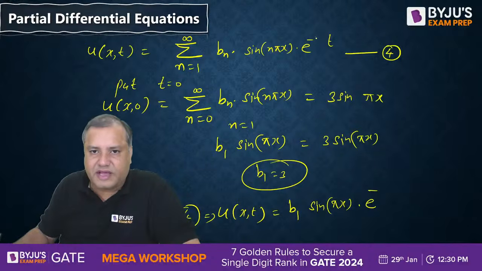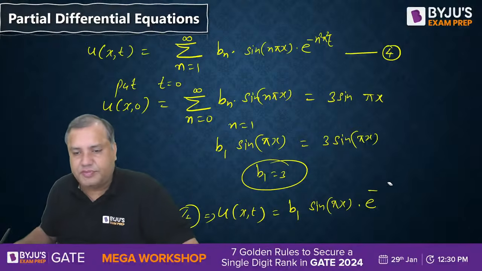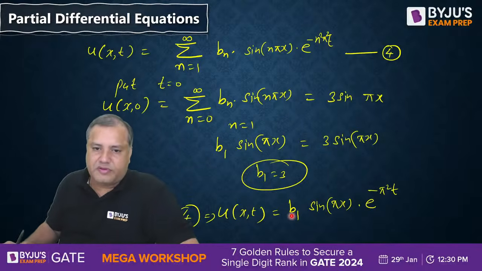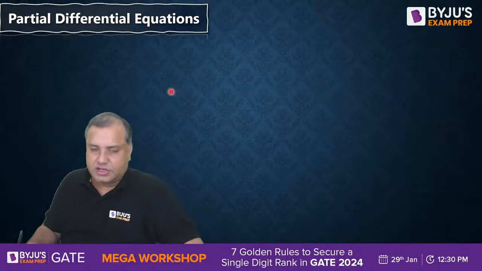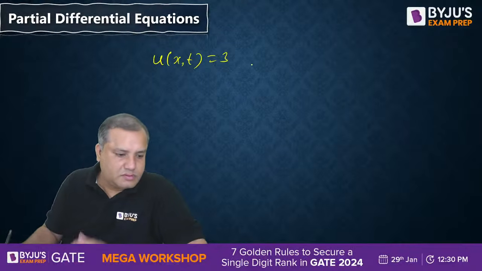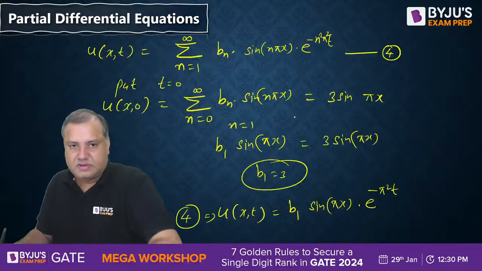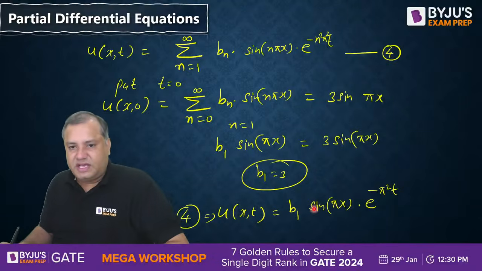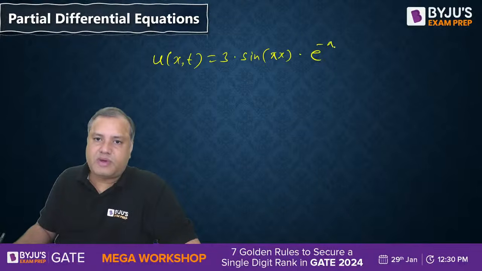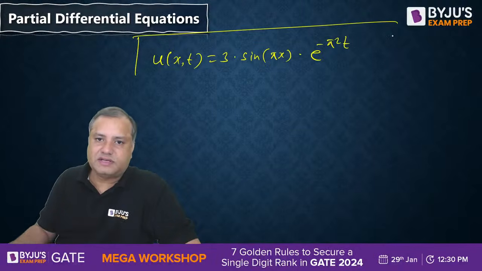P is n square pi square, already we obtained, and n is 1, so pi square t. Now here put the value of b1. That's it. So u of x comma t, b1 is 3, sin pi x e to the power minus pi square t. This is the final answer.